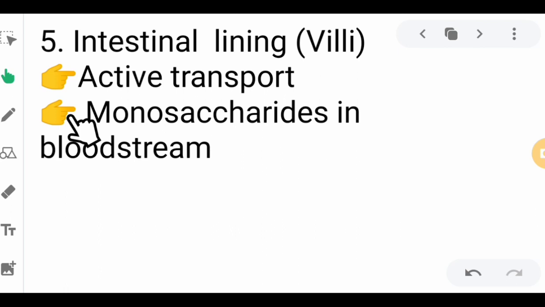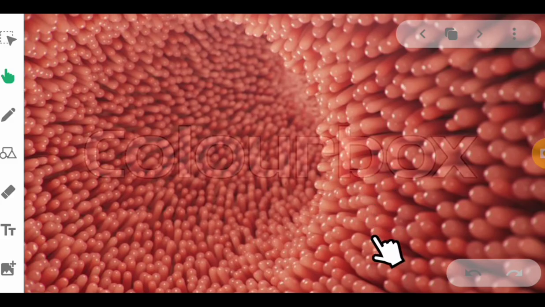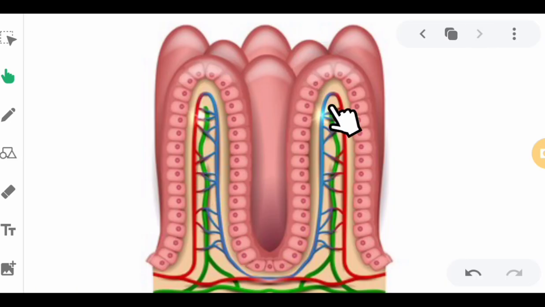The three major breakdown products from carbohydrate digestion are glucose, galactose, and fructose. These monosaccharides are absorbed into the bloodstream through the intestinal lining, or villi. The villi are finger-like projections rich in blood capillaries.